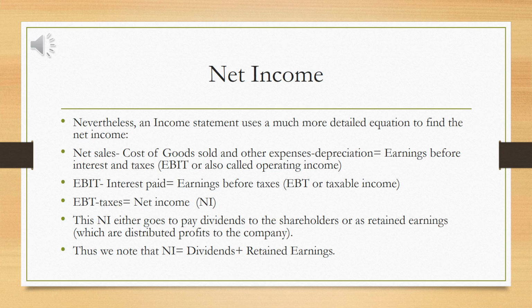Once the interest paid is deducted from the earnings before interest and taxes, we will get the earnings before taxes. Then, after taxes are deducted from the earnings before taxes, we will get the net income. This net income either goes to pay dividends to the shareholders or as retained earnings. We know that net income equals dividends plus retained earnings.